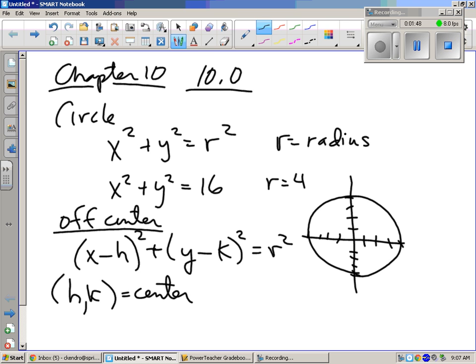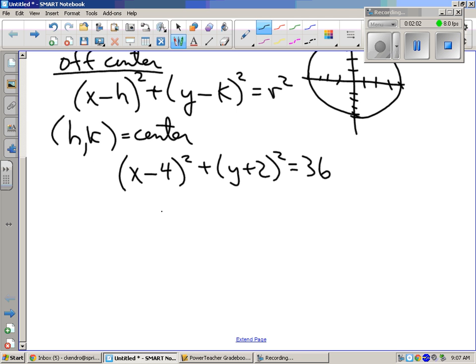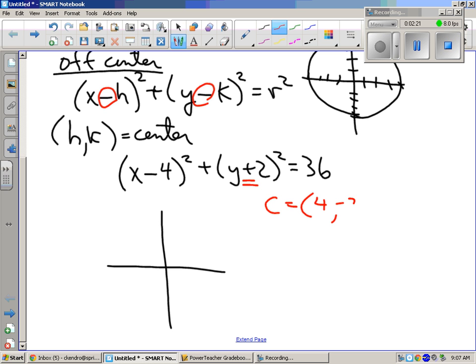So let's say I have x minus 4 squared plus y plus 2 squared equals 36. Well, we're still going to have our circle here. Figure out what your center is. If you notice, right here and here, those are both negative. So if I have a plus, that must mean it was two negatives to make a plus. So my center is 4, but it's -2.